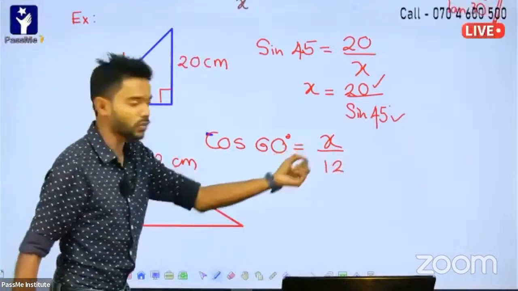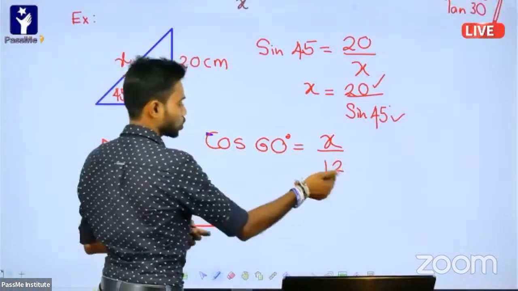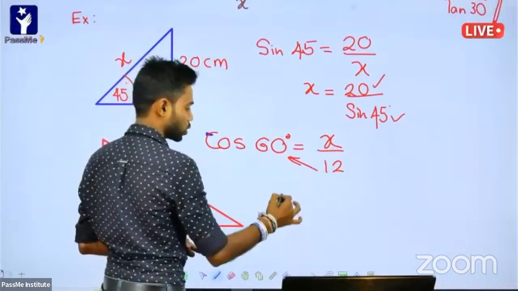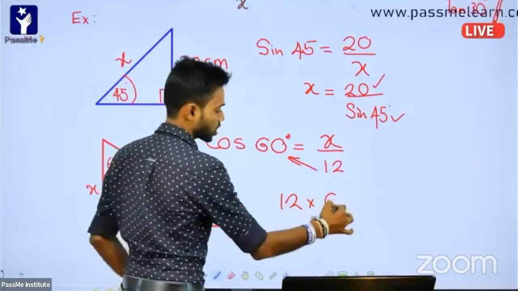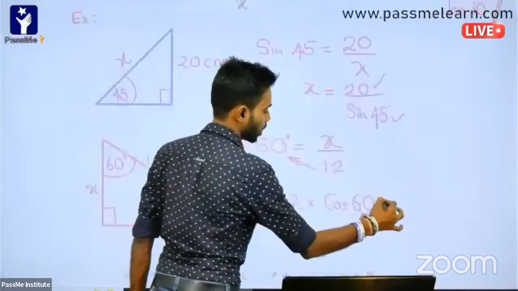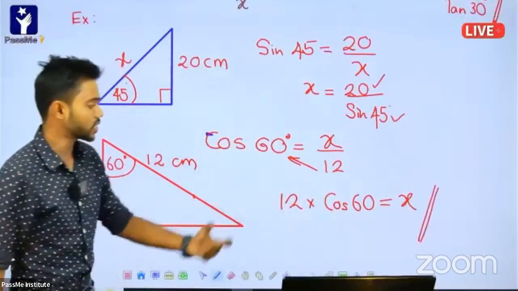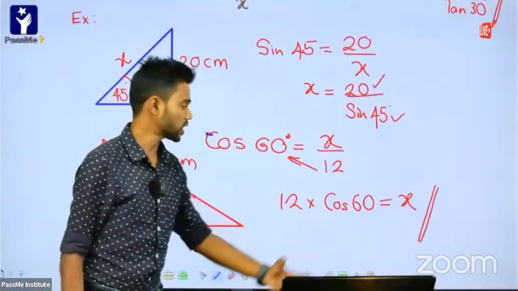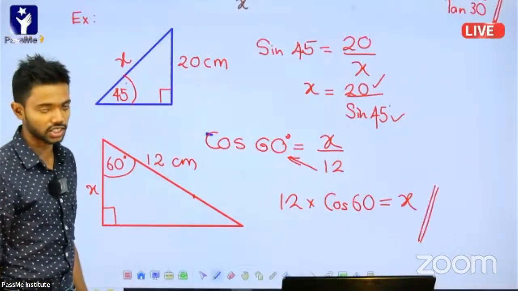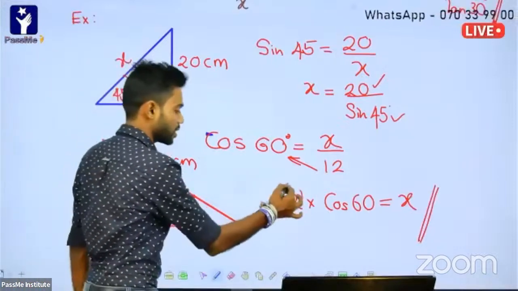To find the x value, you can multiply this one on both sides, right? 12 into cos 60. So you will end up with the answer for x here. Clear? The x is equal to 12 into cos 60. So 12 is the known value.